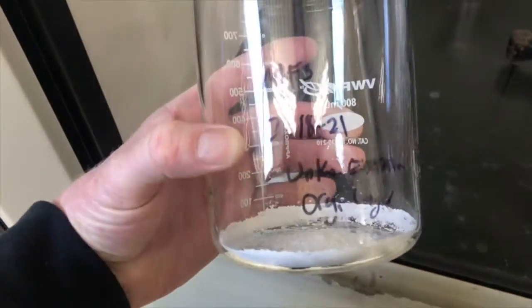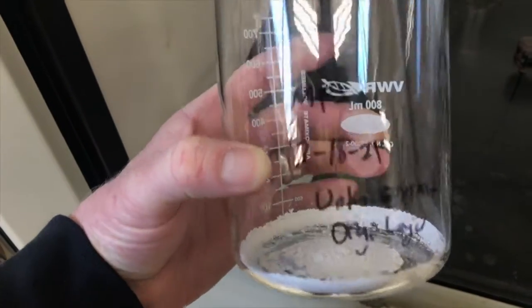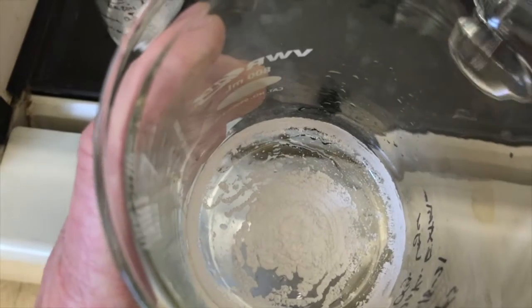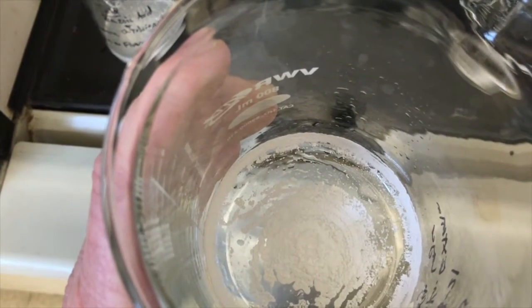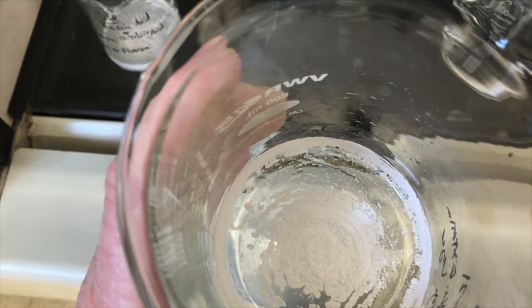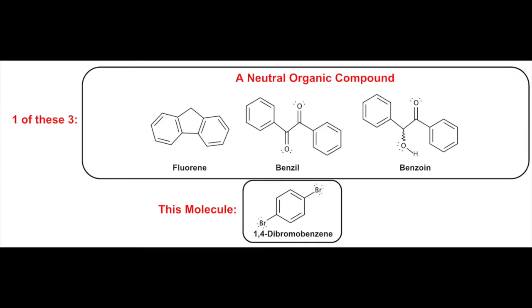So this is the unknown extraction organic layer. So this has dibromobenzene and either fluorene, benzyl, or benzoate. Yep. So we'll find out what that is, but first we have to get rid of the dibromobenzene.